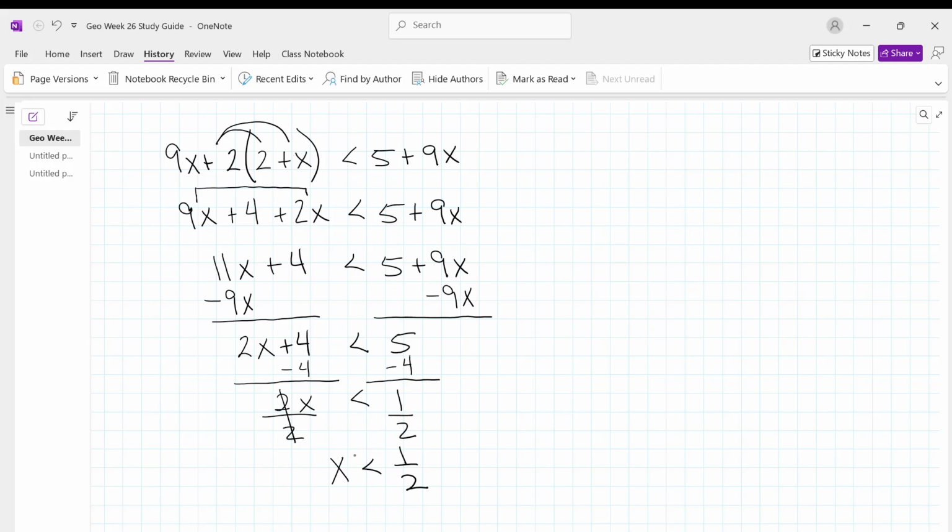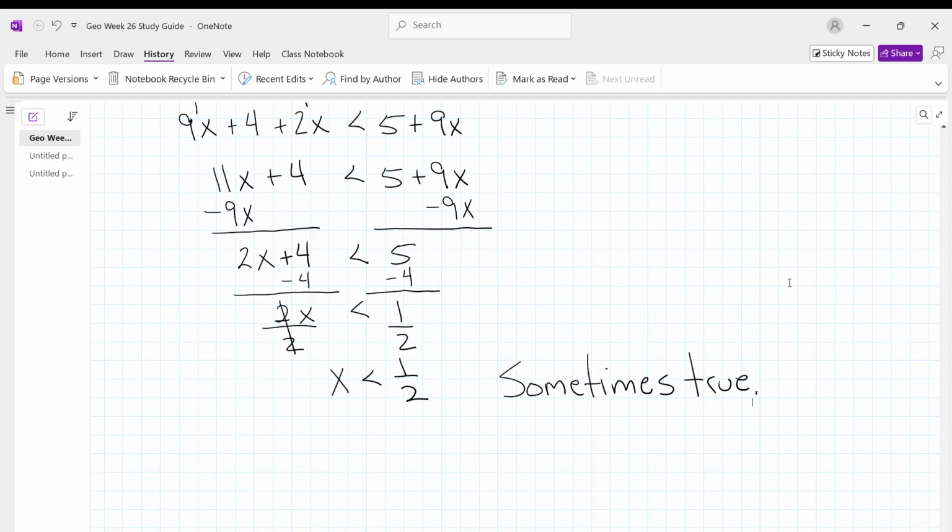So this is a case where the inequality is sometimes true. All right? And the inequality is true when you substitute anything into it that's less than 1/2.